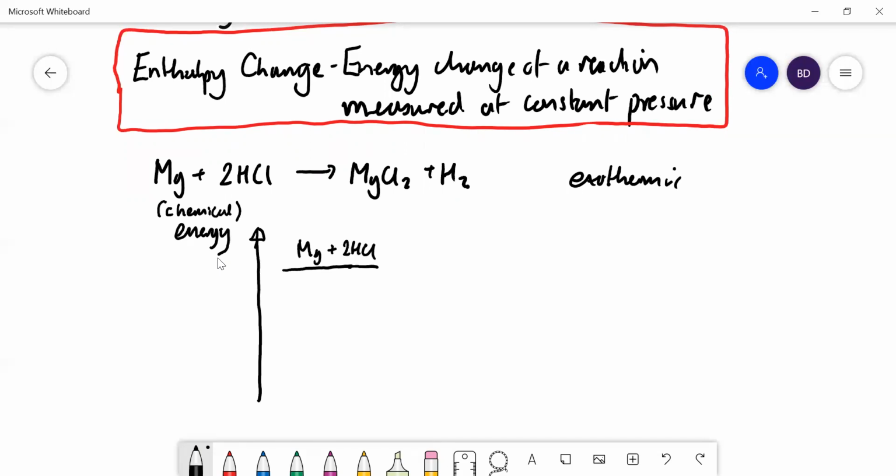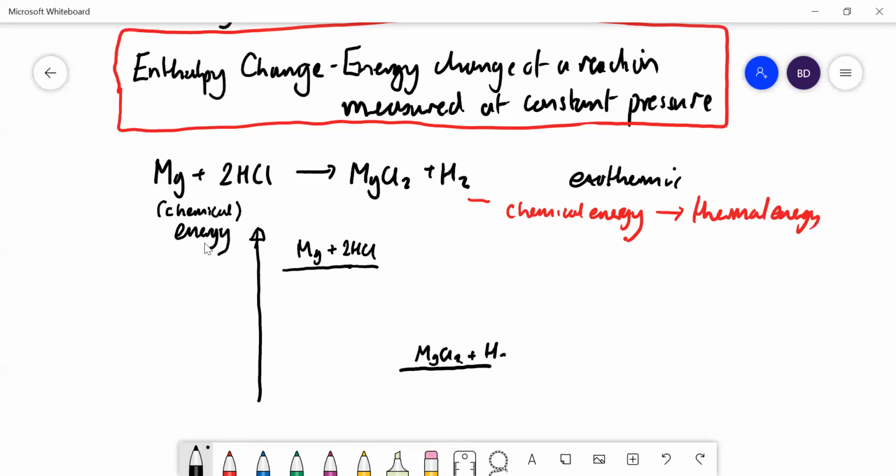Now this reaction gets hot, so some chemical energy is converted into thermal energy. That means the chemical energy is going to go down. We've got MgCl2 and H2. So there's less energy in the products than in the reactants.